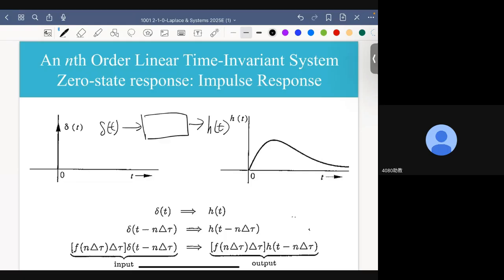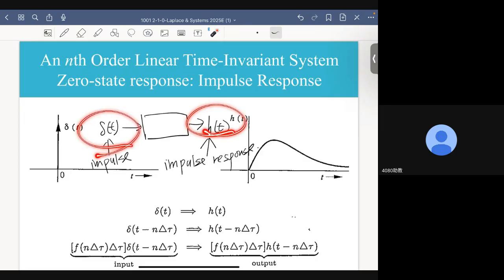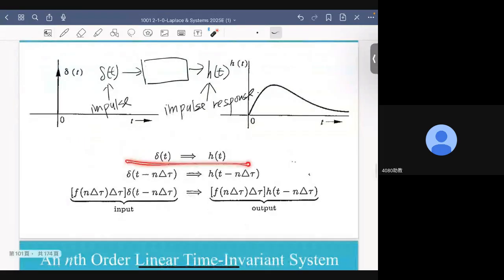Since this input is an impulse function, of course, this output will be the impulse response. Let's write this relationship as this mathematical equation: input, output.